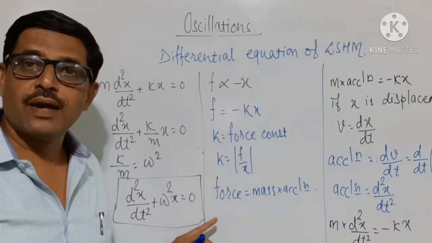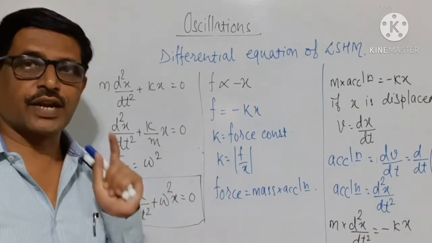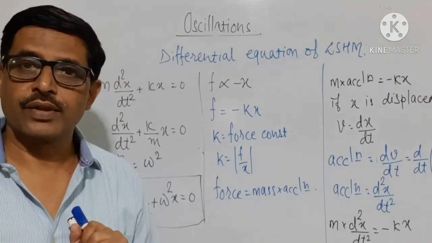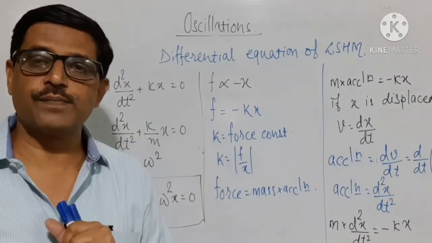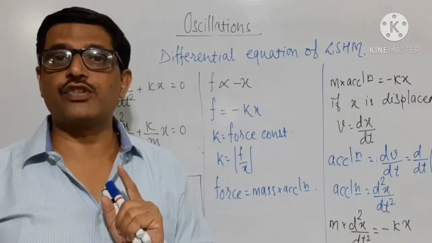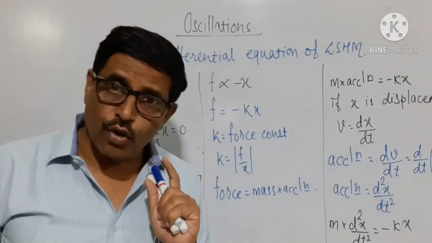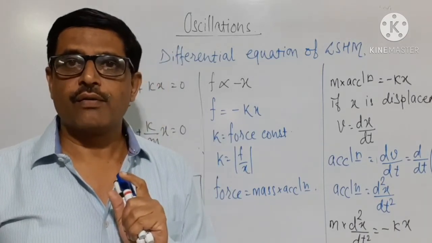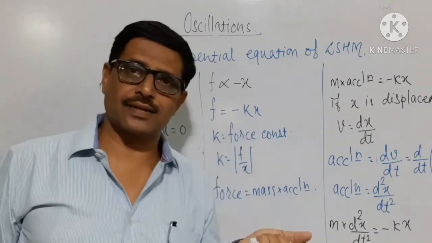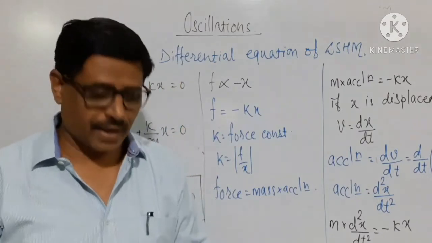linear simple harmonic motion. It started with the definition of linear simple harmonic motion. What is that? Linear simple harmonic motion is linear periodic motion in which force is directly proportional to displacement. Not only force, but also the acceleration, because force and acceleration both are in the same direction.